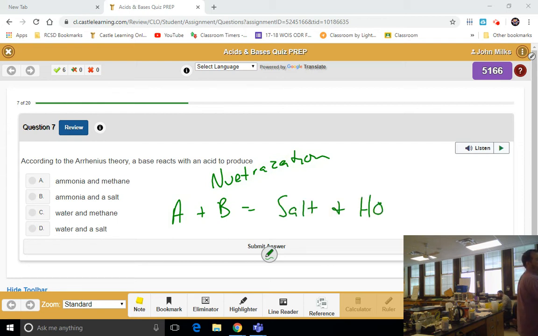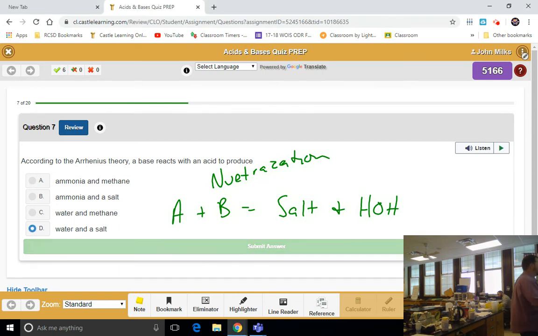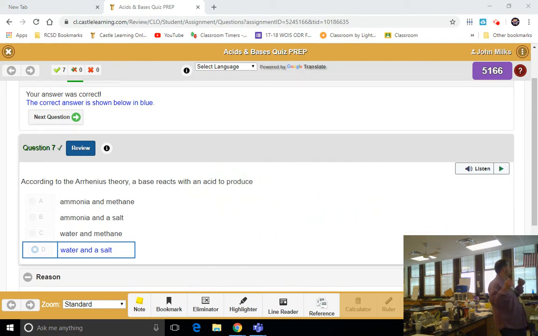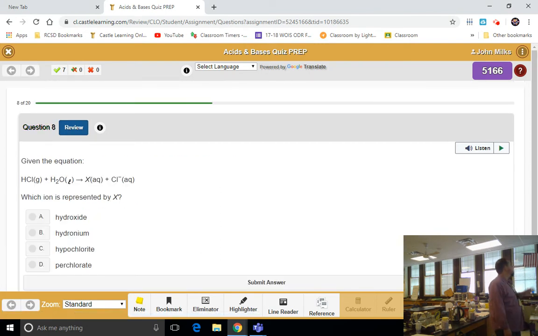And I taught you to do HOH for water for this. So water and a salt, boom, that's what we're looking for because we know how to do titrations and what a neutralization reaction is. For that one, we had to do the double replacement reactions in our practice. So this is kind of a definition question without them asking us how to do the double replacement.